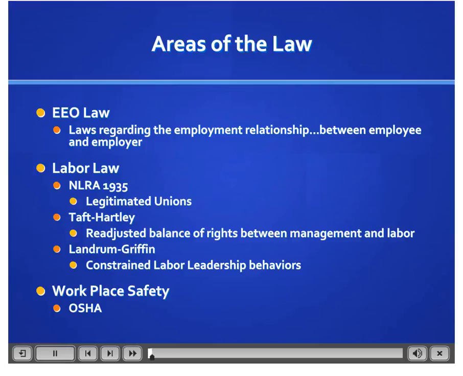So now unions were a legal entity, they could negotiate, they could bargain, and the NLRA basically set up the guidelines for allowing unions to represent employees, and they had certain rules around when they could, what they could and couldn't do.